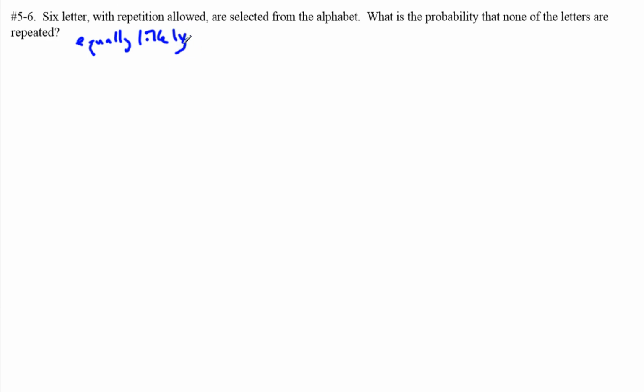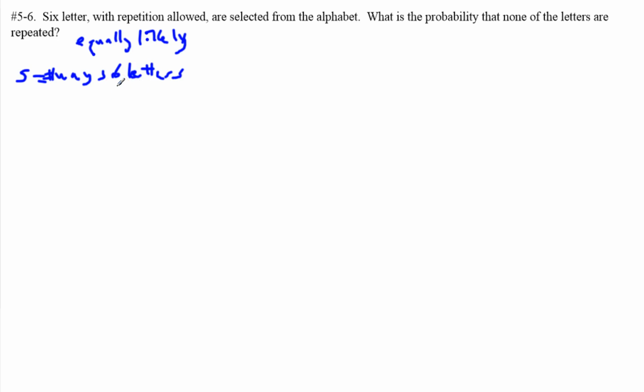In other words, every possible 6-letter word is equally likely. And so my sample space would just be the number of ways to get 6-letter words, to just have 6 letters, regardless of whether there's repetition or not.